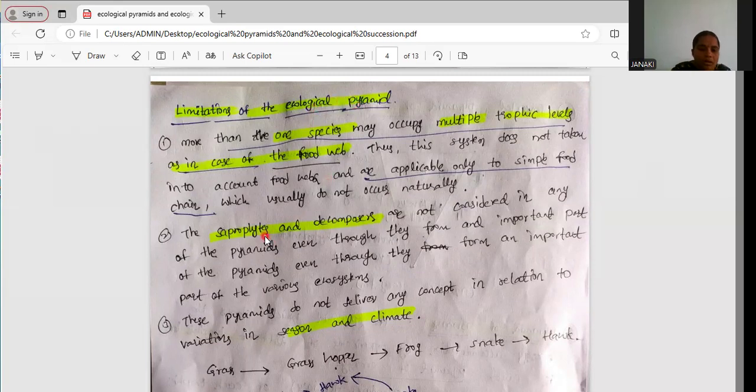The saprophytes and decomposers are not considered in any of the pyramids, even though they form an important part of the various ecosystems. The pyramids do not deliver any concept in relation to variations in season and climate.